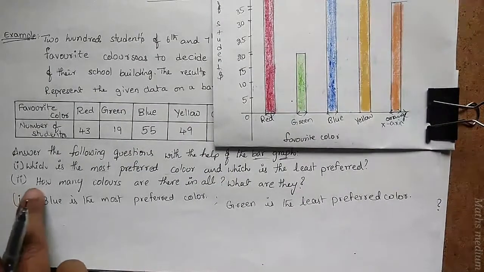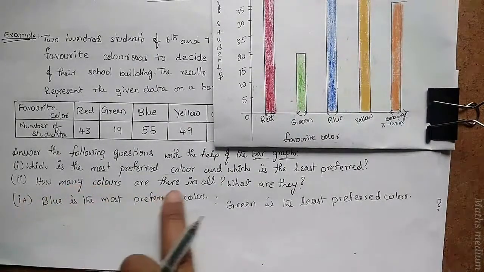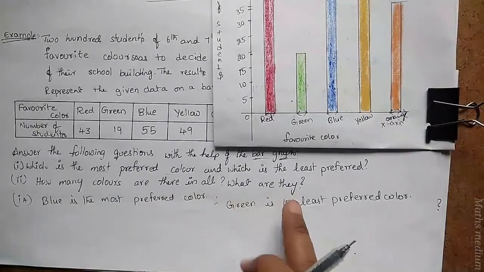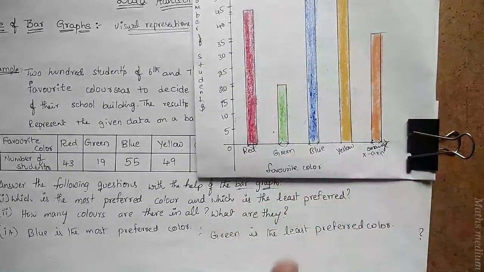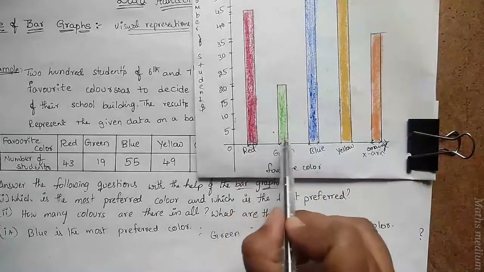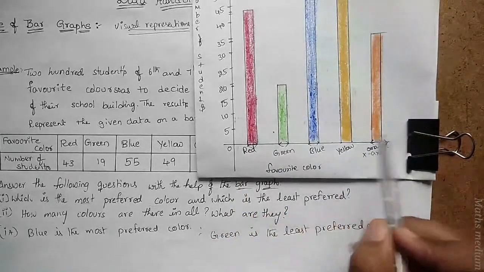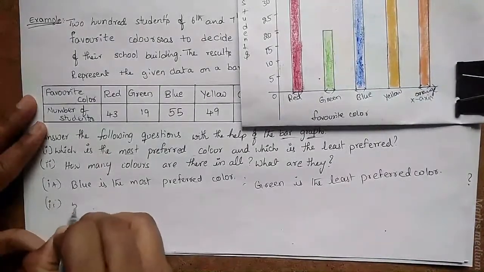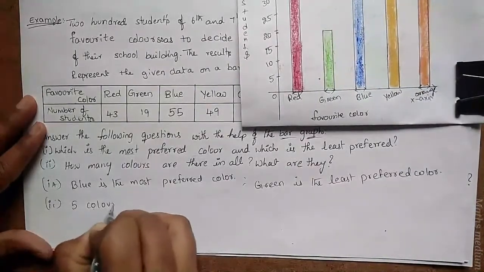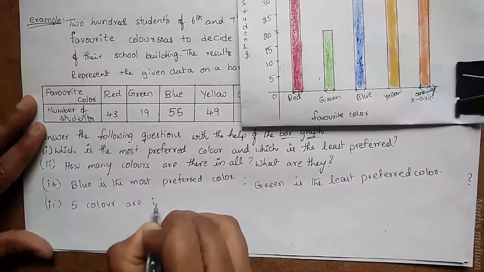So next, coming to the second question, how many colors are there in all? What are they? Here, let's see, how many colors? 1, 2, 3, 4, 5. 5 colors, and the colors are red, green, blue, yellow, orange. So that's the answer for the second question. 5 colors are there in all.